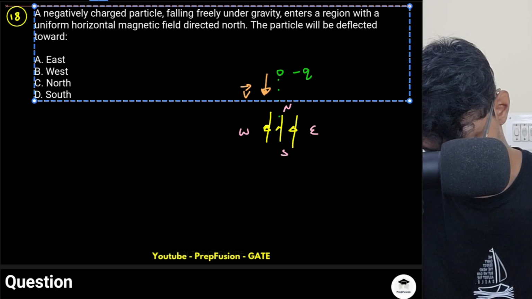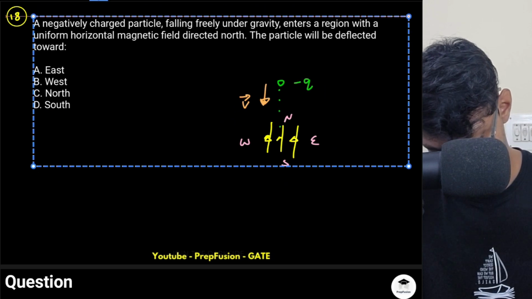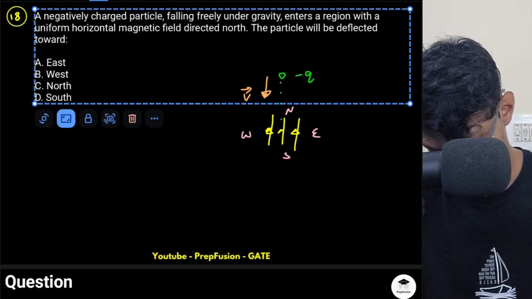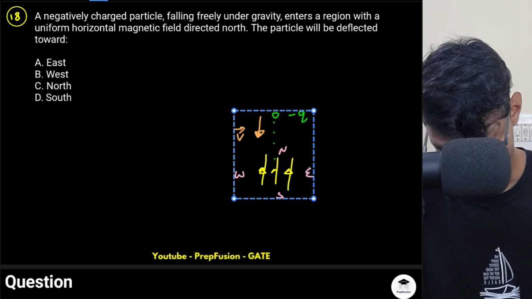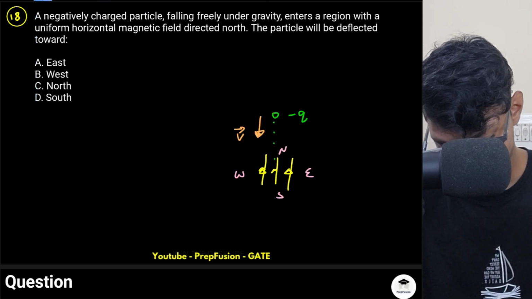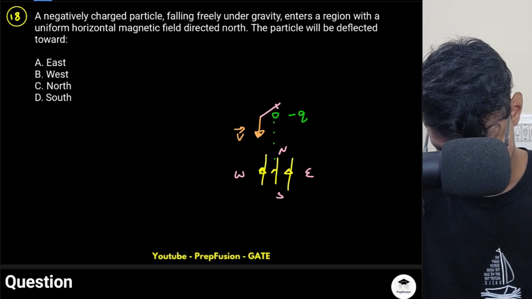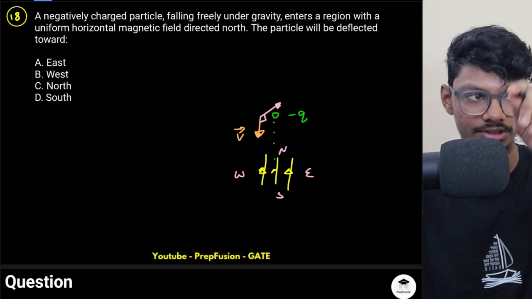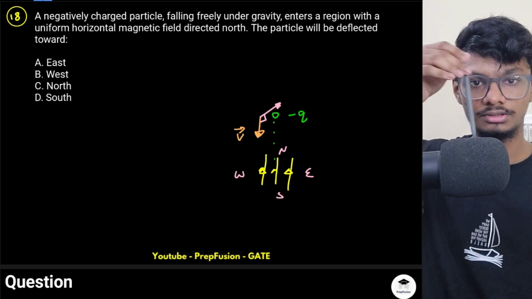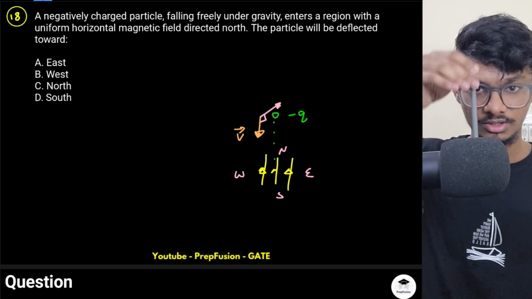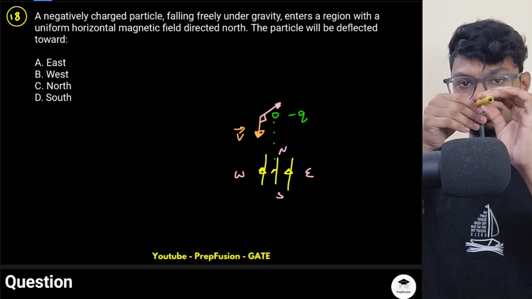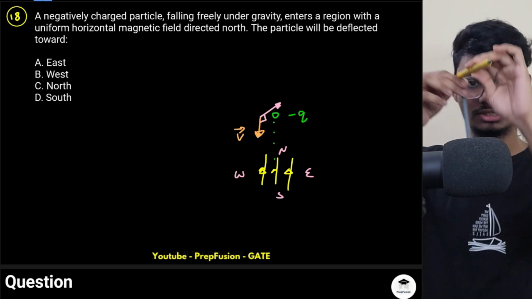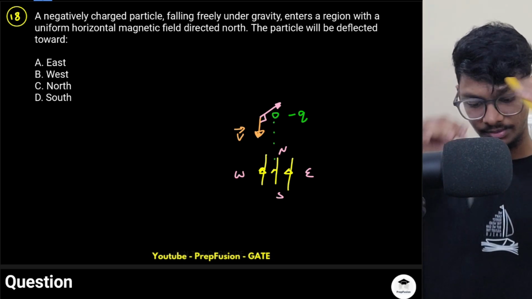The magnetic field will be something like this, and it is perpendicular because the velocity is downwards and the field is in the north direction, straight. This is the direction of the velocity of the charged particle, and this is the direction of the magnetic field, coming towards you, right? They are perpendicular to each other.